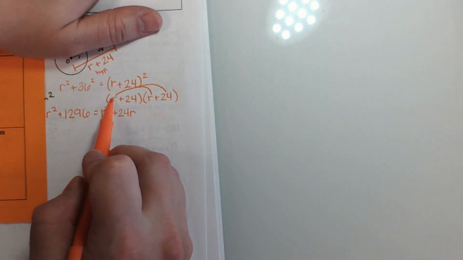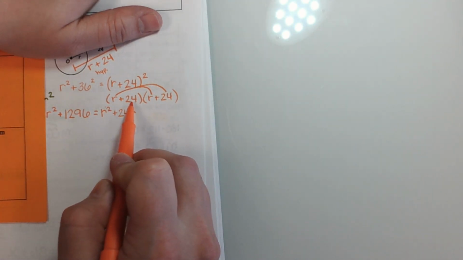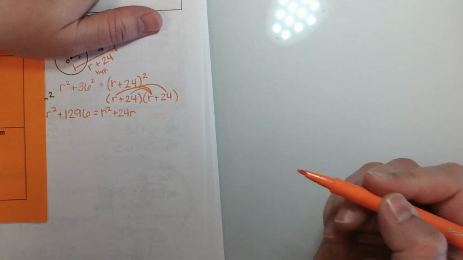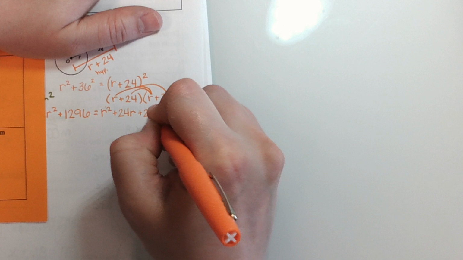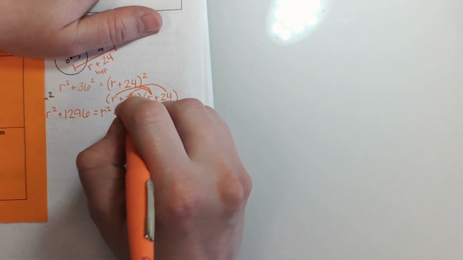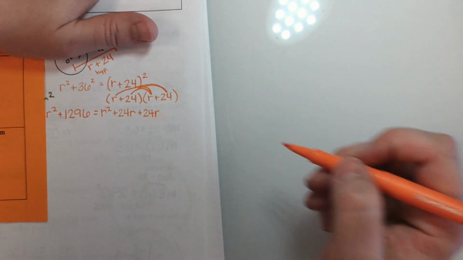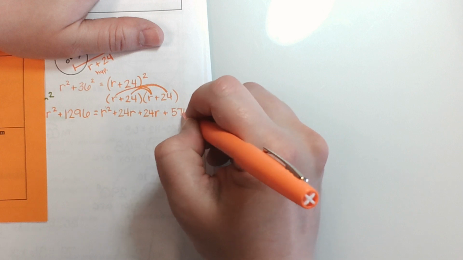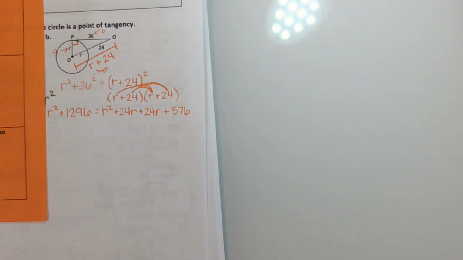Moving on to the 24. 24 times r. 24r. Am I still working on the 24, or am I done? 24 times 24. 576. Sorry, I happen to know that one off the top of my head.